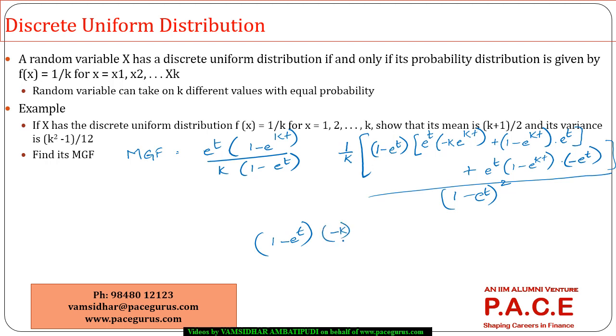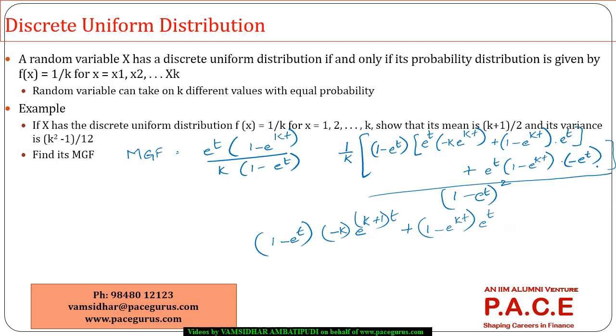It is becoming minus k times e to the power of k plus 1 into t. 1 minus e power t minus k times e to the power of k plus 1 into t plus 1 minus e power kt times e power t.